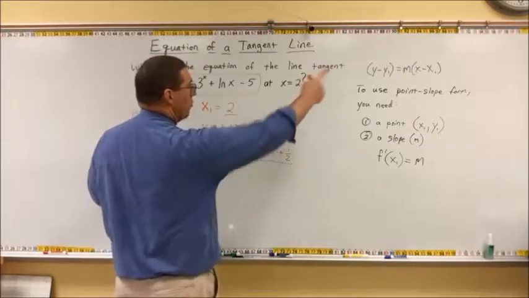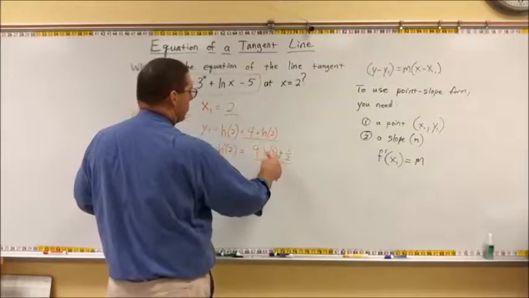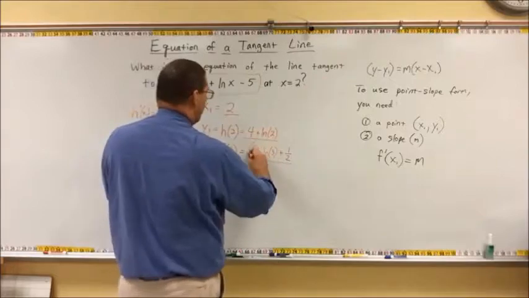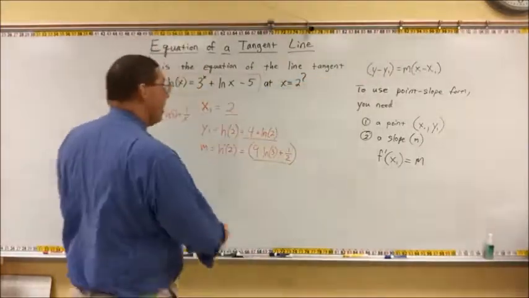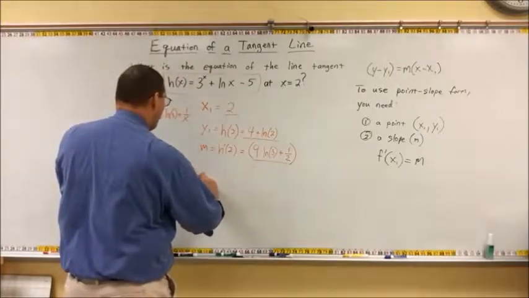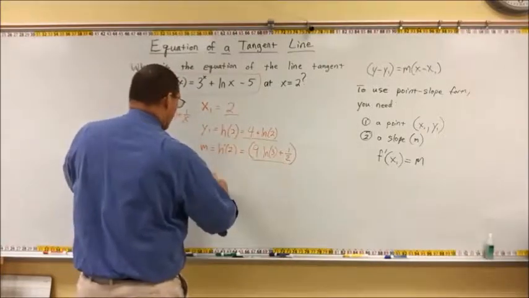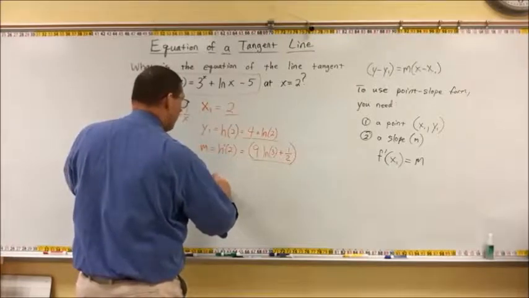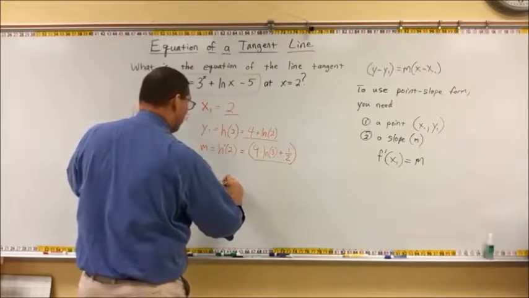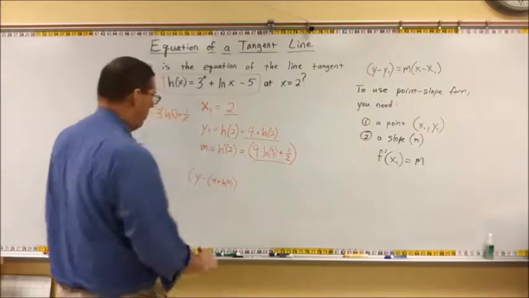And now we're going to plug 2 in for x, 4 plus natural log of 2 in for y, and 9 times natural log of 3 plus 1/2. We're actually going to put this in parentheses when we plug it into our formula. And so it's going to become y minus, and I'm going to put this in parentheses too, 4 plus natural log of 2. There we go.